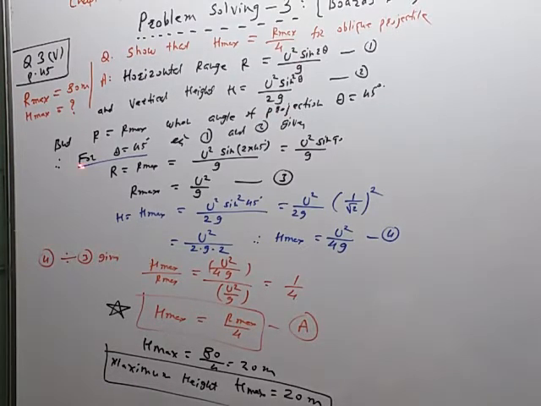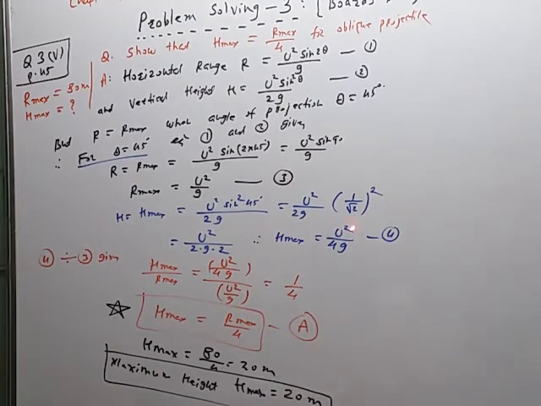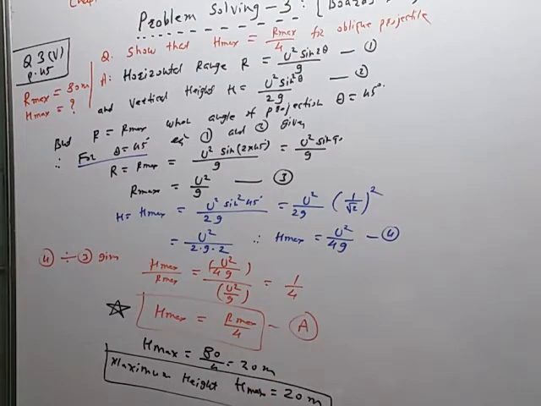So putting theta is equal to 45 degree, equations 1 and 2 give this relation: r max is equal to u square upon g and h max is equal to u square upon 4g. So divide 3 and 4, we get this required relation. So if h max is given, we can find r max, or if r max is given, we can find the h max. So r max is given 80 meter, so 80 by 4, that is equal to 20 meter. So when the maximum horizontal range is 80 meter, the maximum height reached is equal to 20 meter, like this.